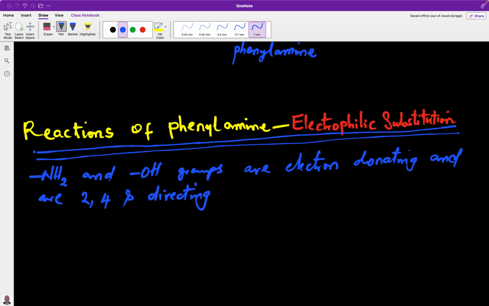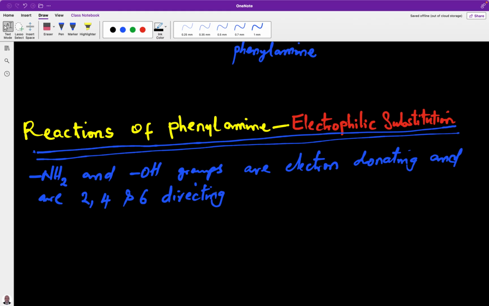The amino group and the OH group are electron donating and 2, 4, and 6 directing. So any incoming group, they will direct it to the 2, 4, and 6 positions on the benzene ring.